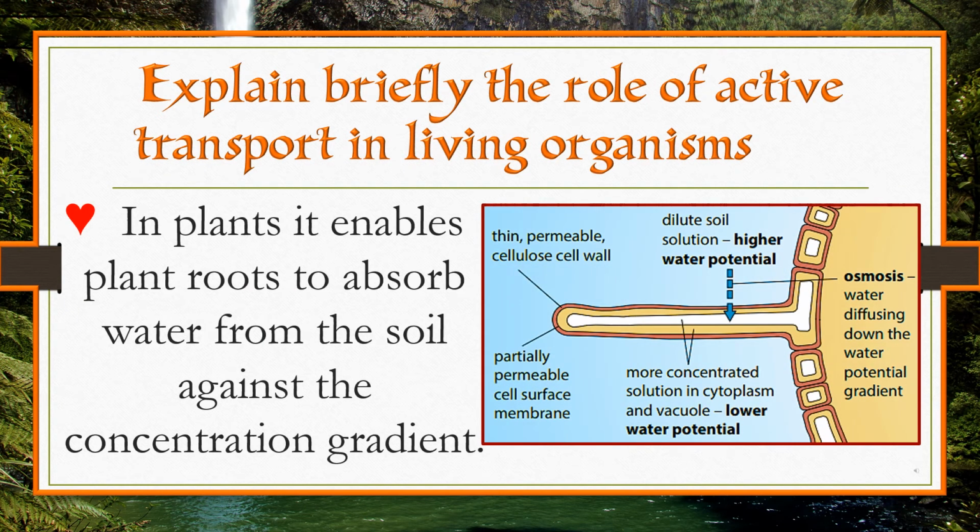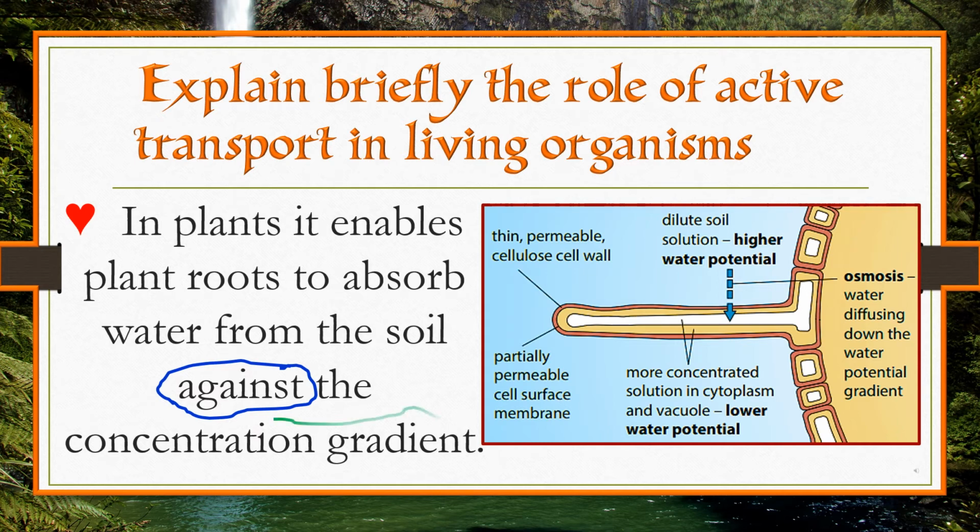Now, how is it involved in the transportation of mineral salts and water? In plants, it enables plant roots to absorb water from the soil against the concentration gradient. So we are transporting water against the concentration gradient.